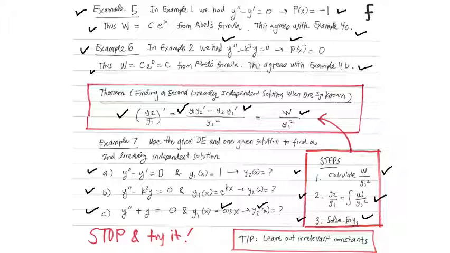We'll always leave out irrelevant constants with this method. All we're trying to do is come up with a second linearly independent solution of the simplest possible form. So we're going to be leaving out a lot of constants here with all of this. So give that a try.